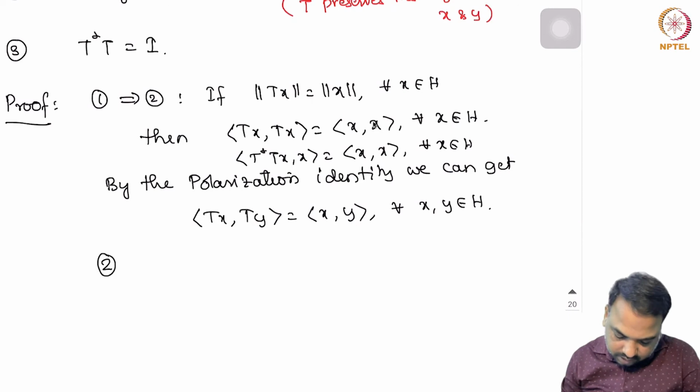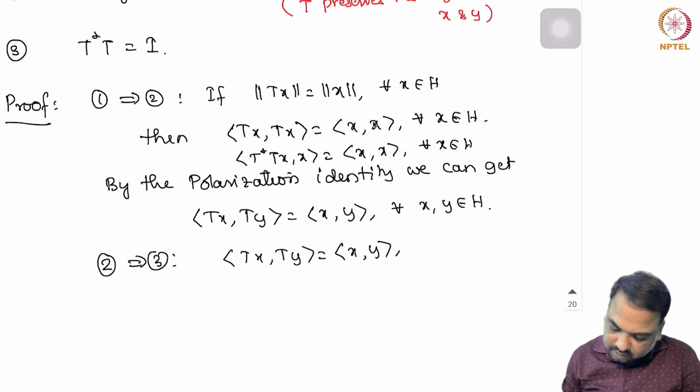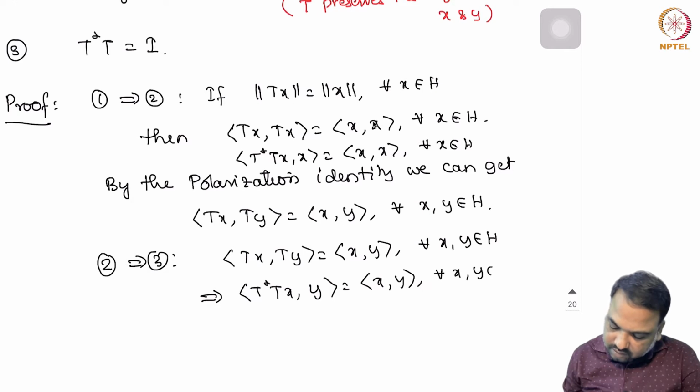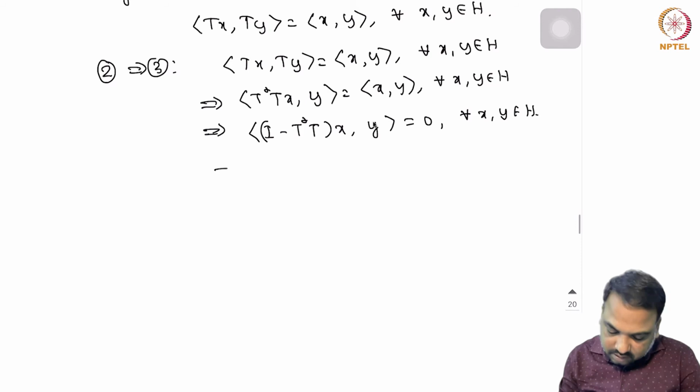Now let us look at 2 implies 3. If inner product Tx with Ty is exactly inner product x with y for every x, y in H, this implies inner product T star T x with y equals inner product x with y for every x, y in H. From this we can say that inner product of I minus T star T applied to x with y is 0 for every x and every y in H. Now from this we can say that T star T is identity.